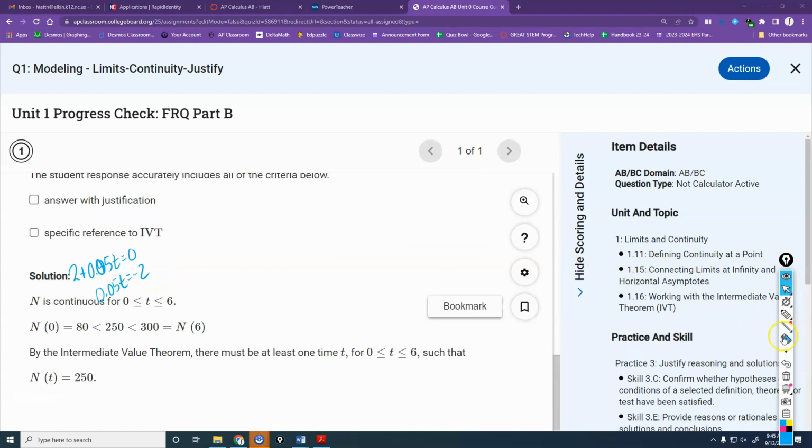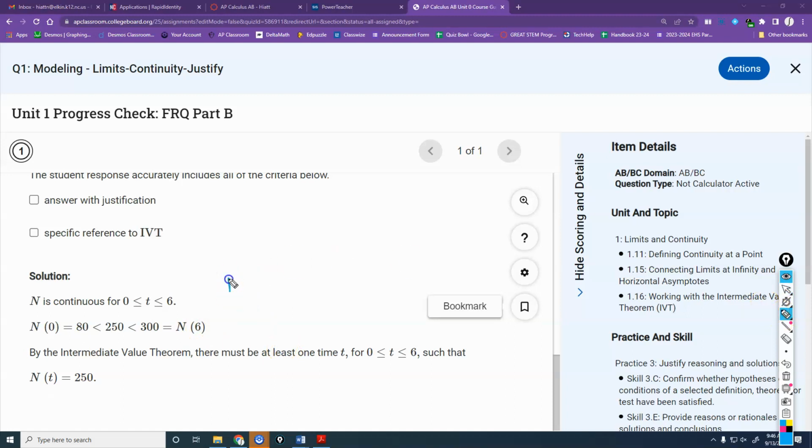It might be safer just to say it's continuous on the interval they gave you, in case you messed up part B. So it might be safer just to say that it's continuous from 0 to 6. N of 0 is 80. N of 6 is 300. So you would plug those two in and get those values. They wrote it as one big thing. We have not been doing that just because it gets a little confusing looking.